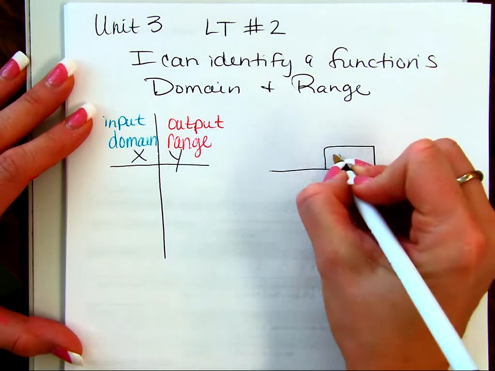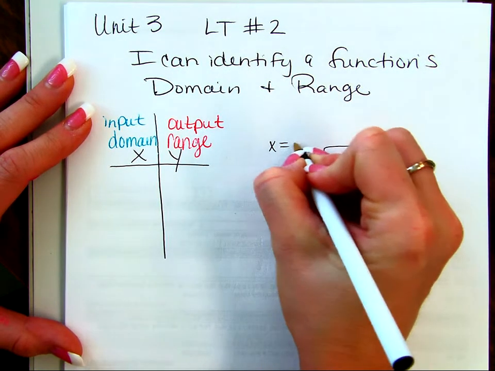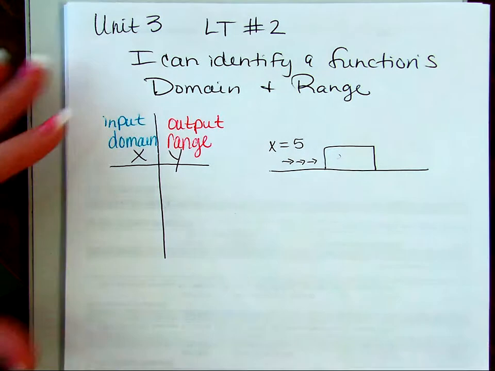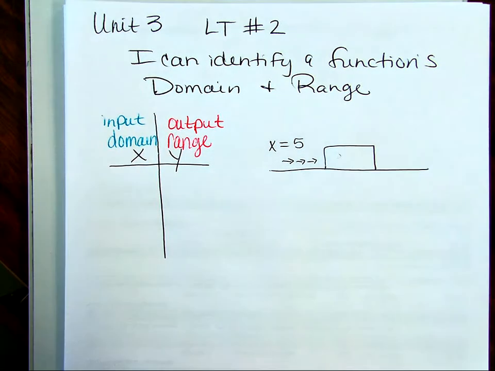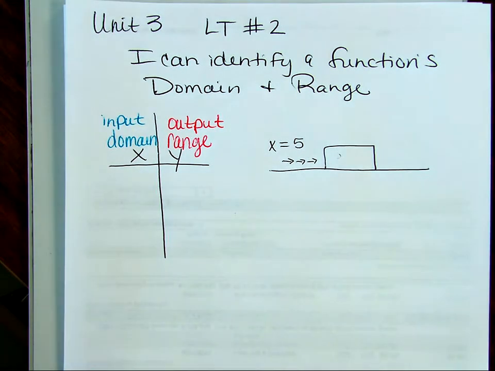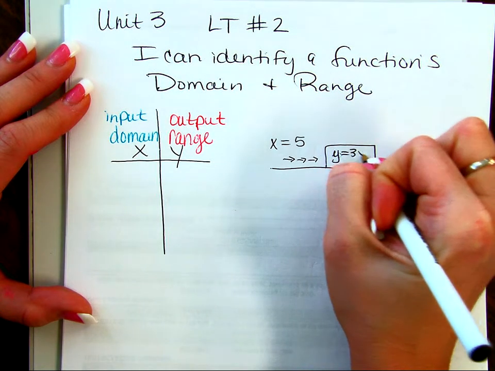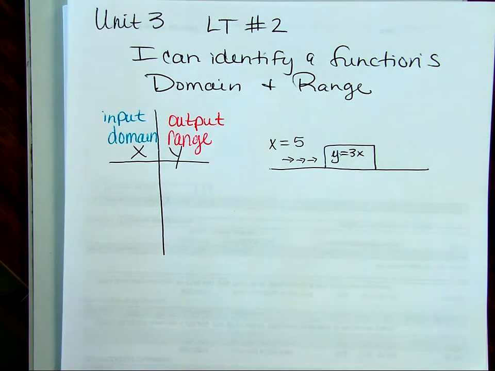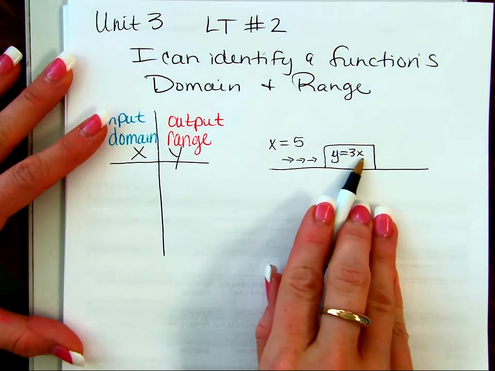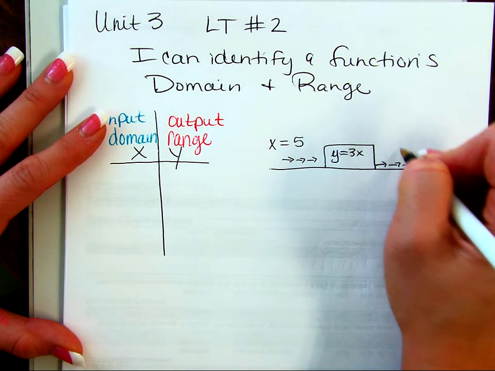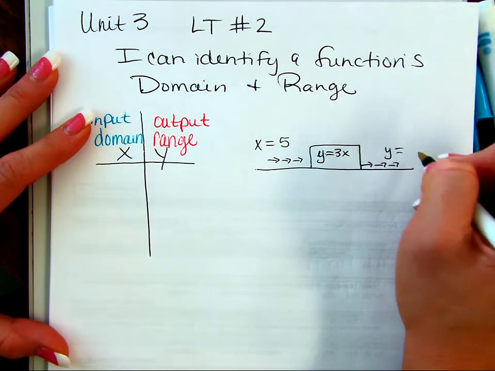So if I have X equaling 5 and I'm inputting 5, because X is my input, and when it gets inside this secret magical box that nobody can see except if you have the x-ray machine, and this is what's inside there, if I input 5 into 3X, what gets outputted? 15, right?